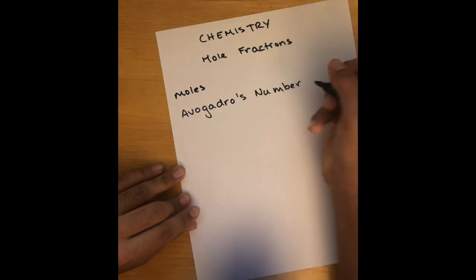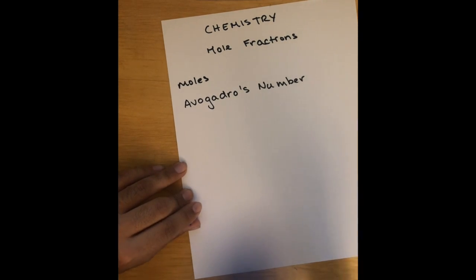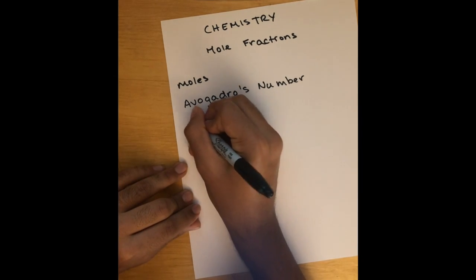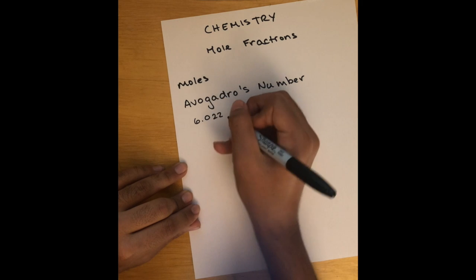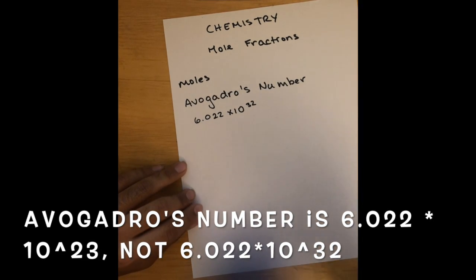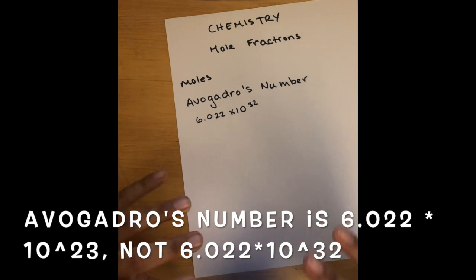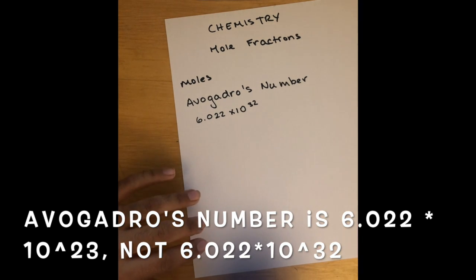number. And from past courses, you may already know that Avogadro's number is equal to 6.022 times 10 to the 32nd. Now this is important to understand because this is how many particles are present in 1 mole of a substance.